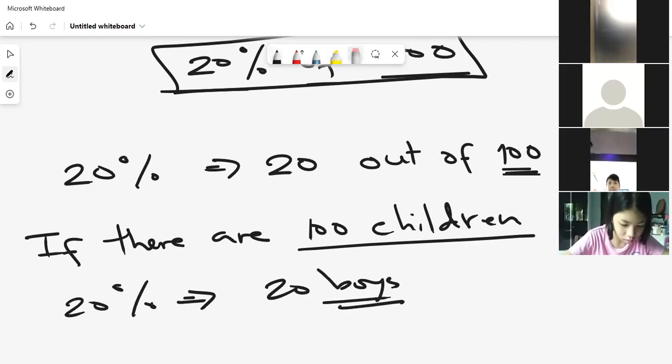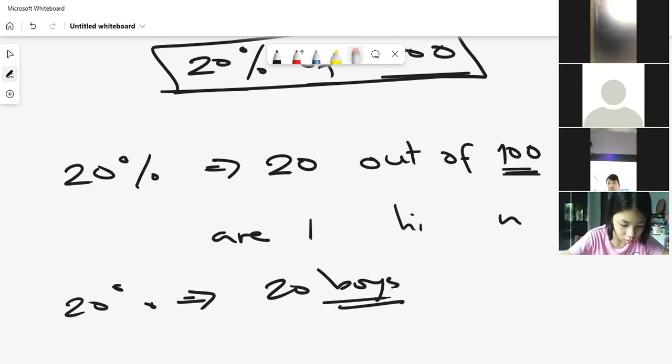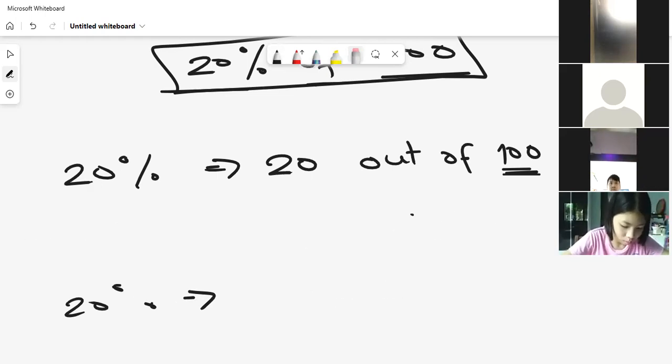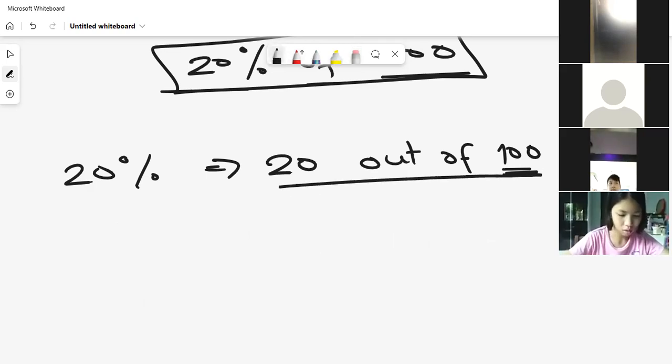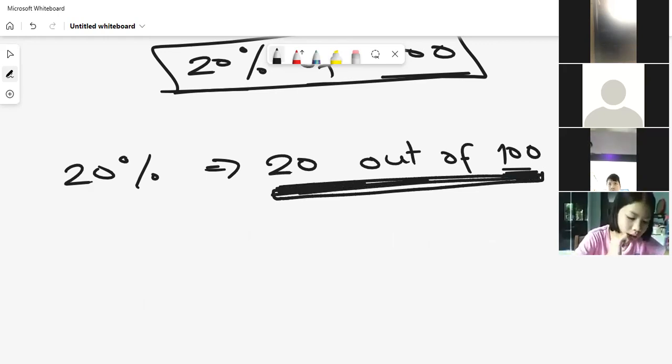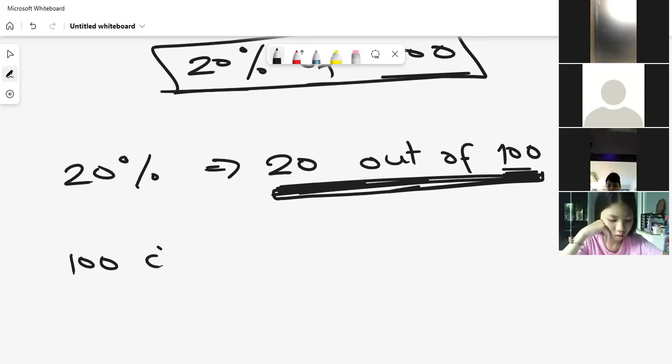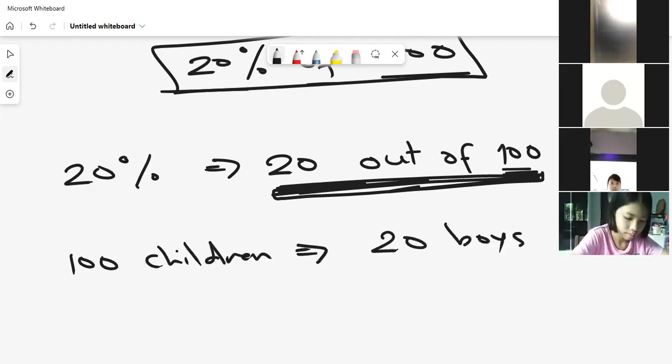Again, 20% means 20 out of 100. It means, if there are 100 children, there are 20 boys. How many children do we have? 300.